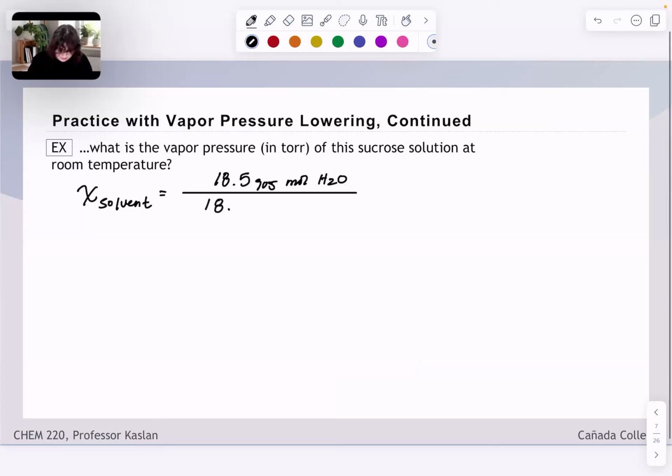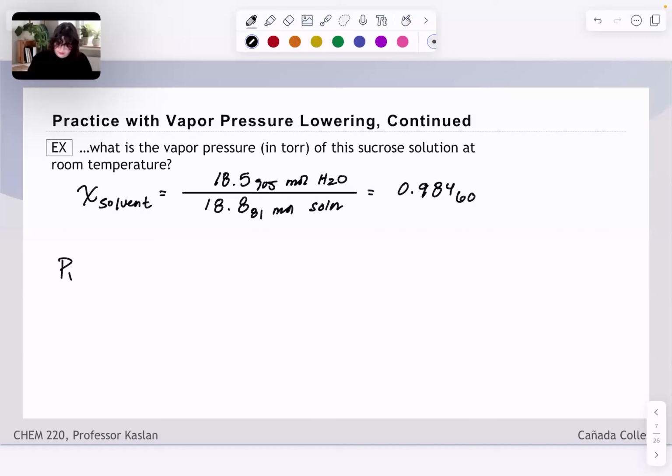I get 18.881 moles of solution in total. So let's take that quotient, 18.5905 divided by 18.881, and we get 0.9840. That's the mole fraction of solvent.